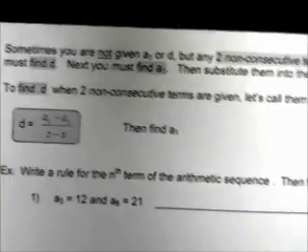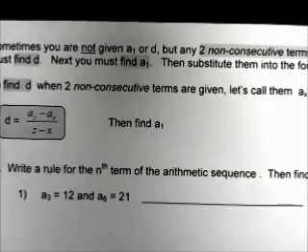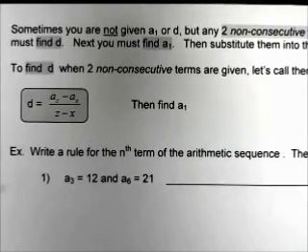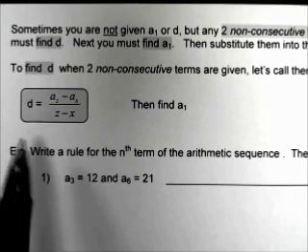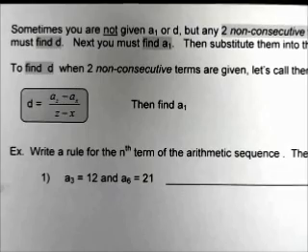So on to page 4. Sometimes you are not given a_1 or d, but any two non-consecutive terms. If this occurs, first you must find d. Next you must find a_1. Then substitute them into the formula. To find d when two non-consecutive terms are given, let's call them a_x and a_z, you can find d by taking the difference of a_z minus a_x divided by z minus x.